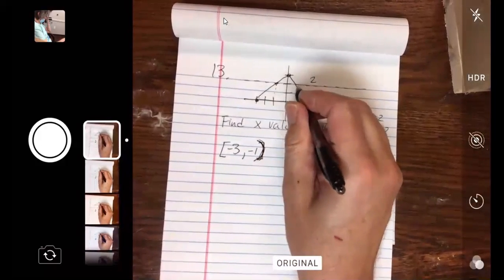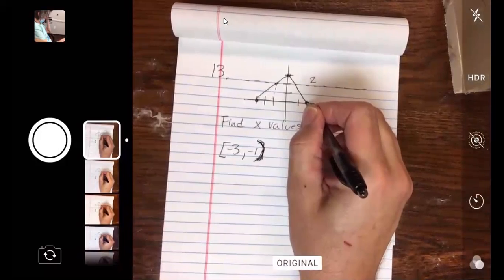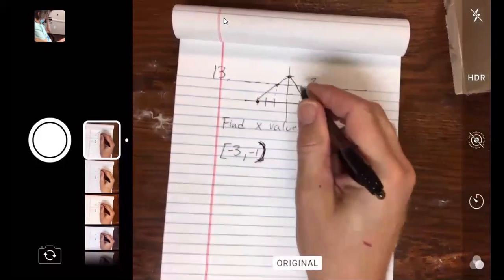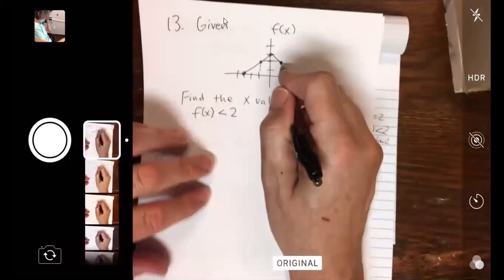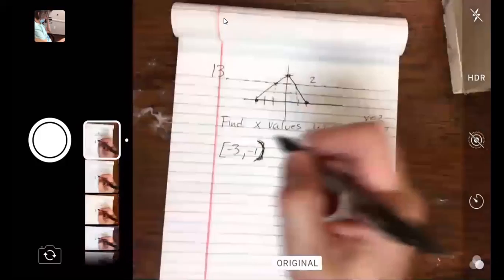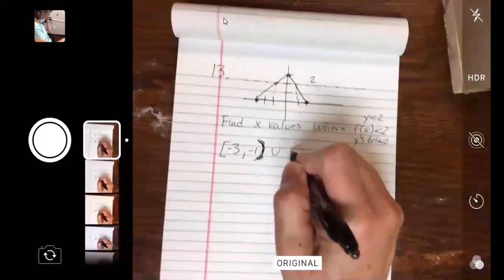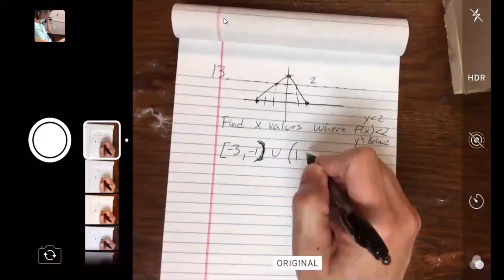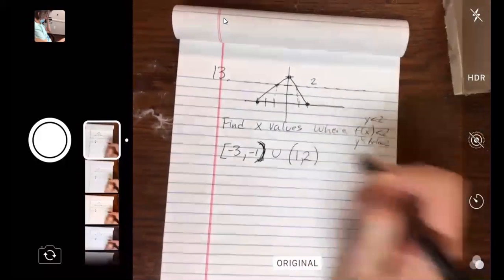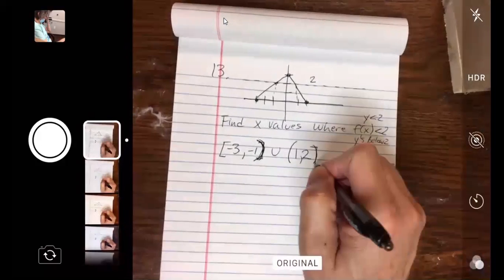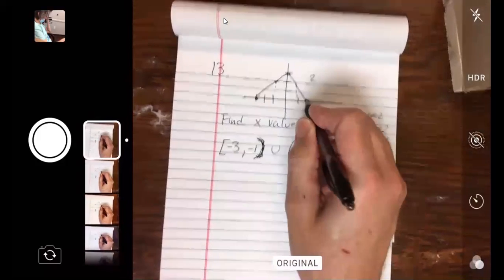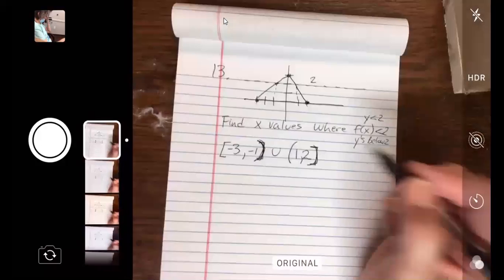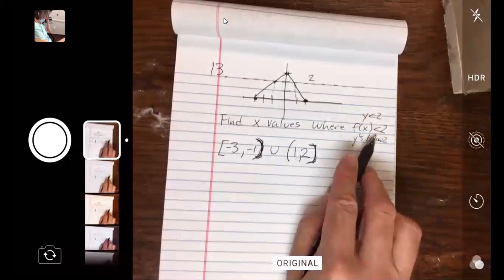And then you come up below 2 starting at 1, I meant that to be at 1. So you'd start again at +1 with a parenthesis, and you're going to 2. Actually, to be technical, the bracket should be on 2 because that's a closed circle, and 1 should have a parenthesis because you are strictly less than.